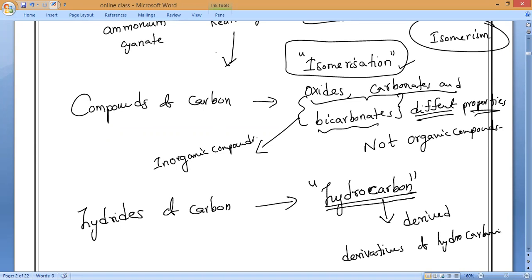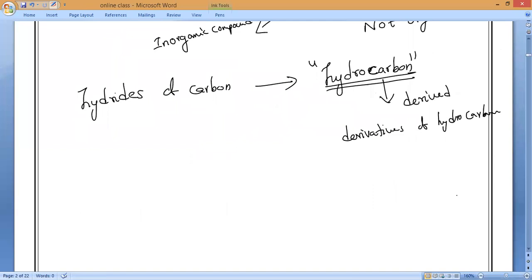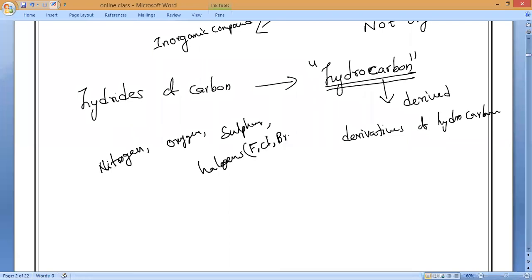In place of hydrogen, we replace it with other non-metals. What are the other non-metals? Nitrogen, oxygen, sulfur, and halogens. Example of a halogen: fluorine, iodine.